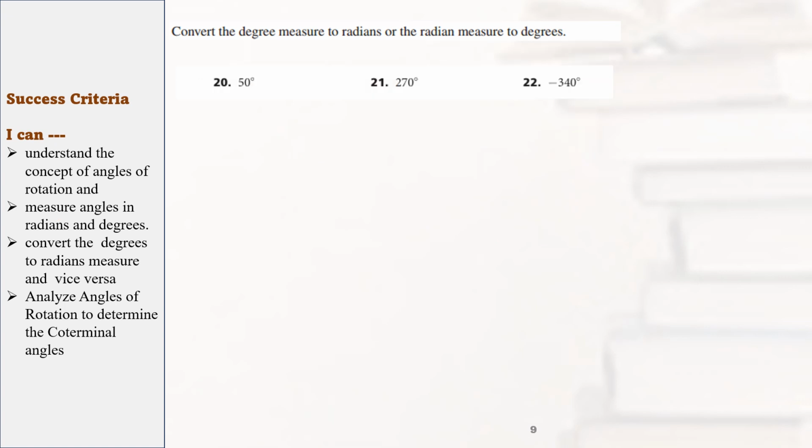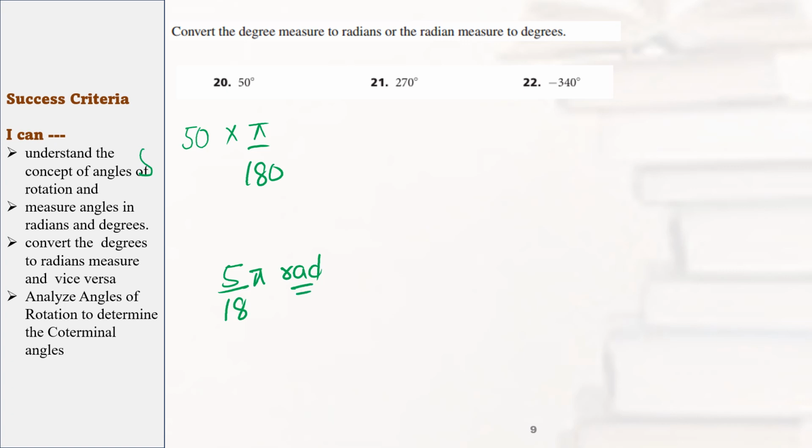Here are some questions again to convert degrees into radians. What is the simple thing? Write the 50 and write pi over 180. If we divide 50 by 180, we will get 5 over 18 pi, and don't forget to put the radians.